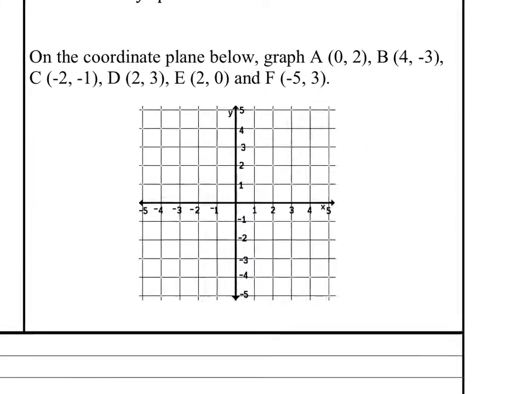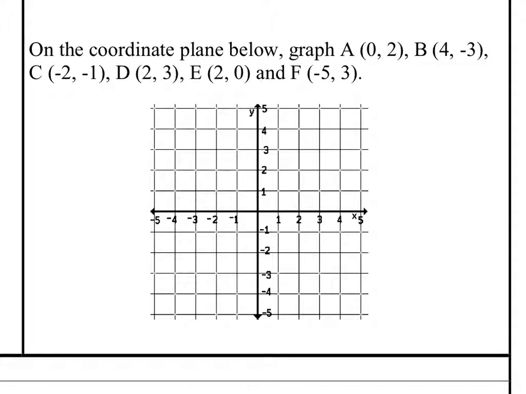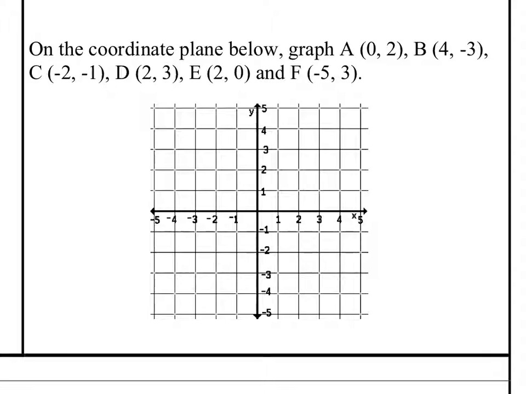So we're going to do these examples. First one we start with is 0, 2, A. Okay, the x-coordinate is 0, which is nothing. So am I going to go left or right? No, don't go anywhere. So right now, we're at the center still. Right now, I'm at the center right here. And then it says 2. The y-coordinate is 2. It's positive 2. So point the direction I should go.